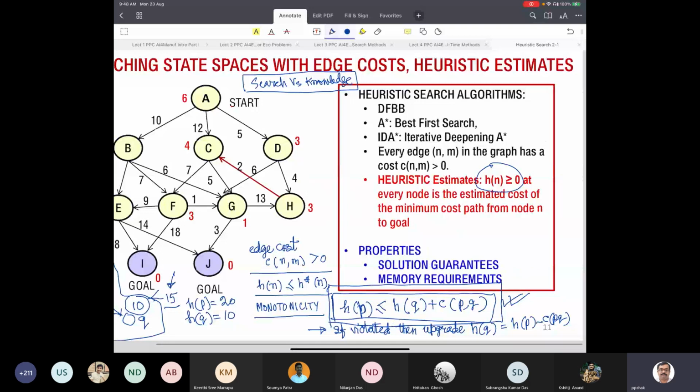So armed with all this, we can now come back and re-examine our properties. The properties of A star that we had listed out include the following.